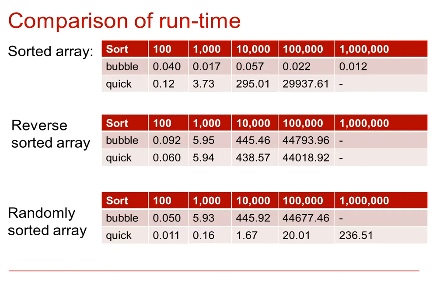Note that the bubble sort is faster when the array is sorted. And the worst case is when the array is reverse sorted. On average, the quicksort is faster unless you have the worst case scenario, but this is quite rare.